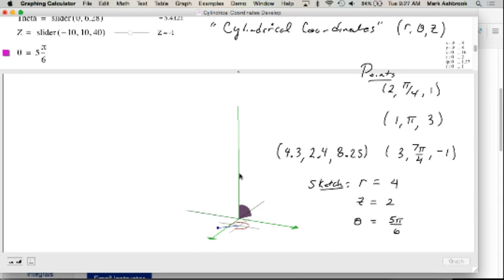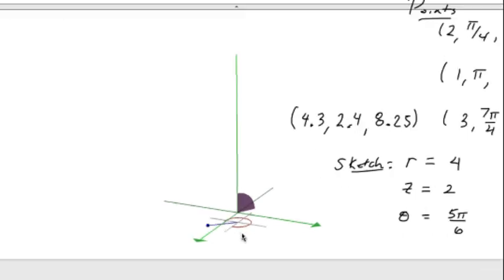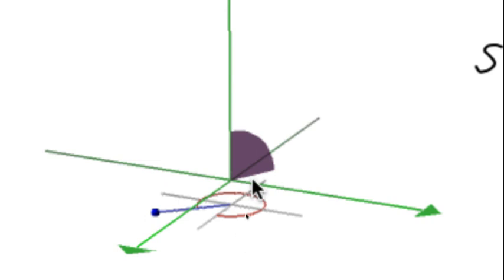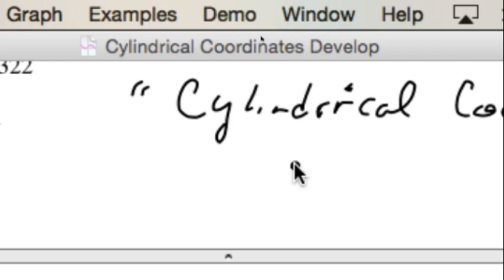But anyway, that's kind of the idea of it. It's going to look like this.